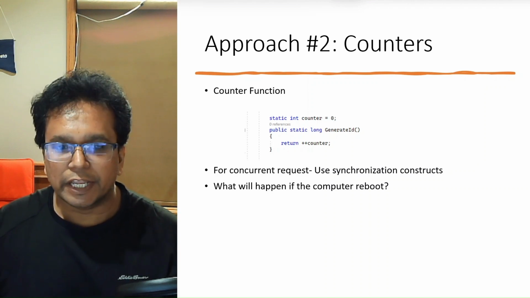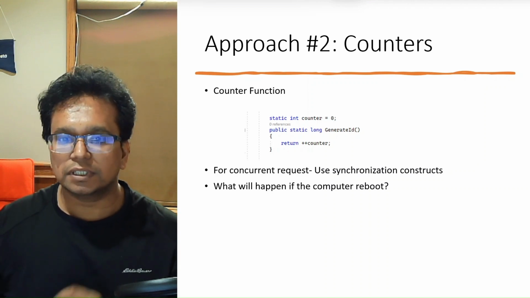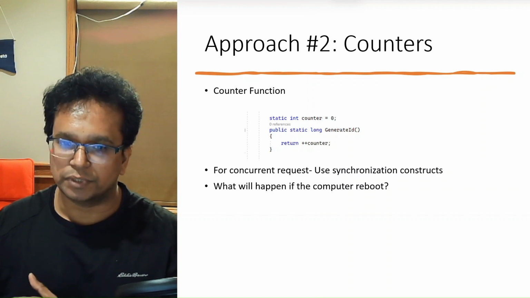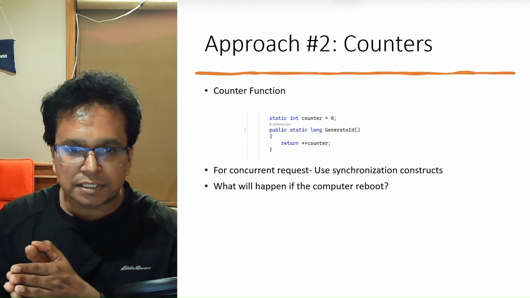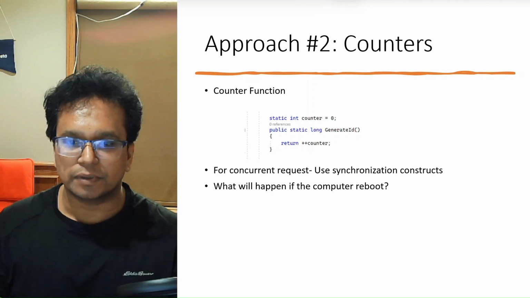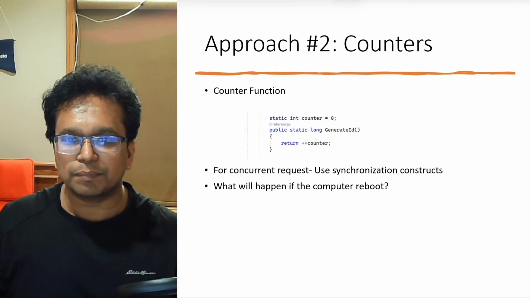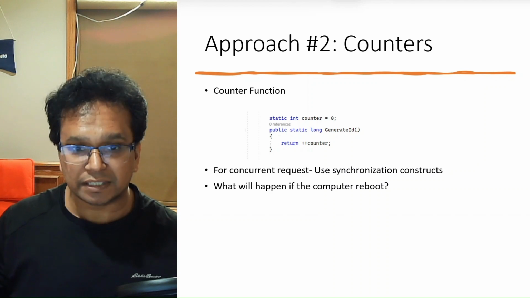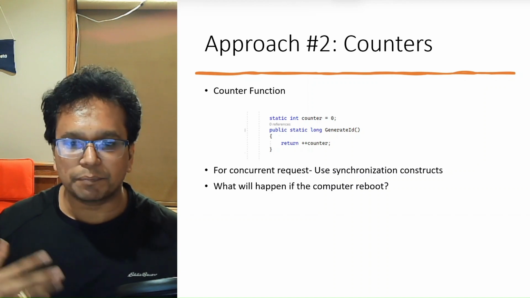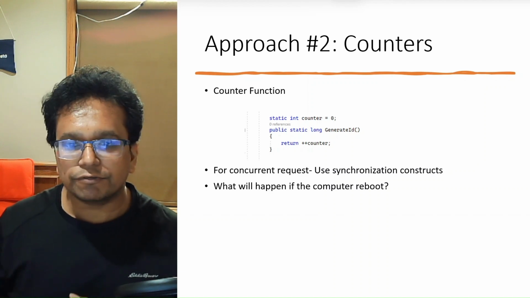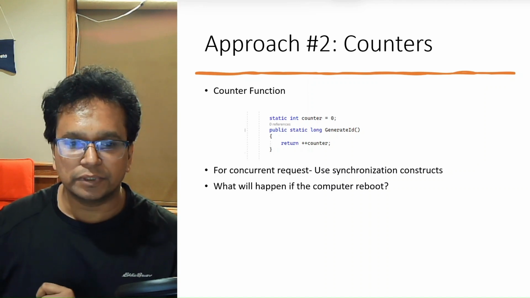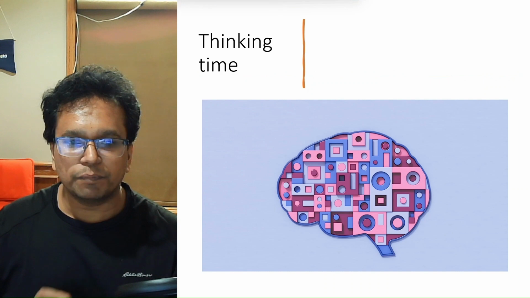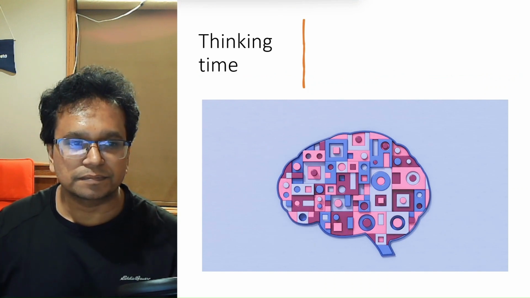To avoid this, we may need to store the counter in a persistent storage like a database. However, writing to disk can significantly slow down the system, especially when you are handling 120,000 requests per second or even half a million at peak times. So we need to find a way to address this issue. You might want to pause the video and reflect on possible solutions.